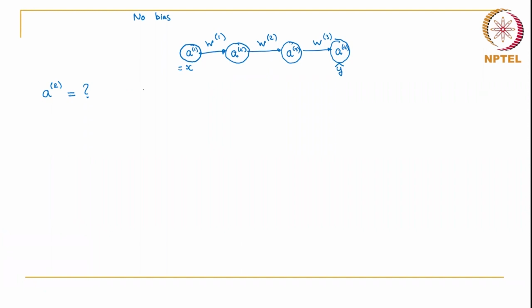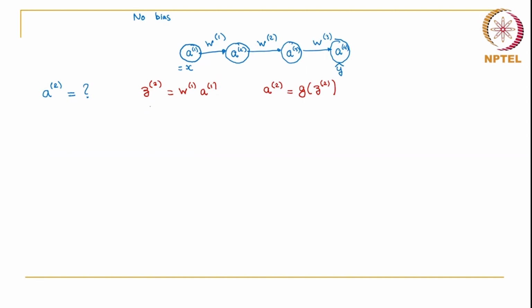So I will write it in two steps. I'm going to say Z2 equal to W1A1. Remember, this is the linear part. We will use this. And A2 equal to G of Z2. Fine. Which comes to G of W1A1.